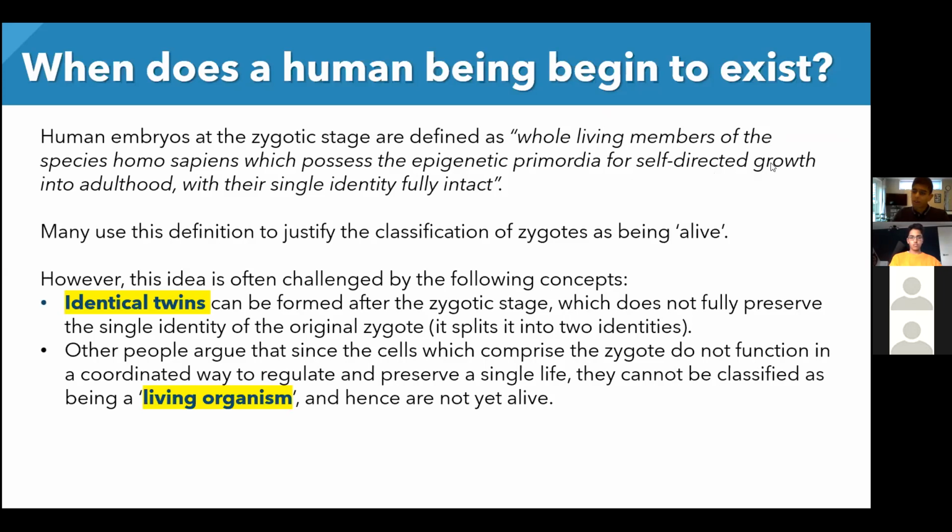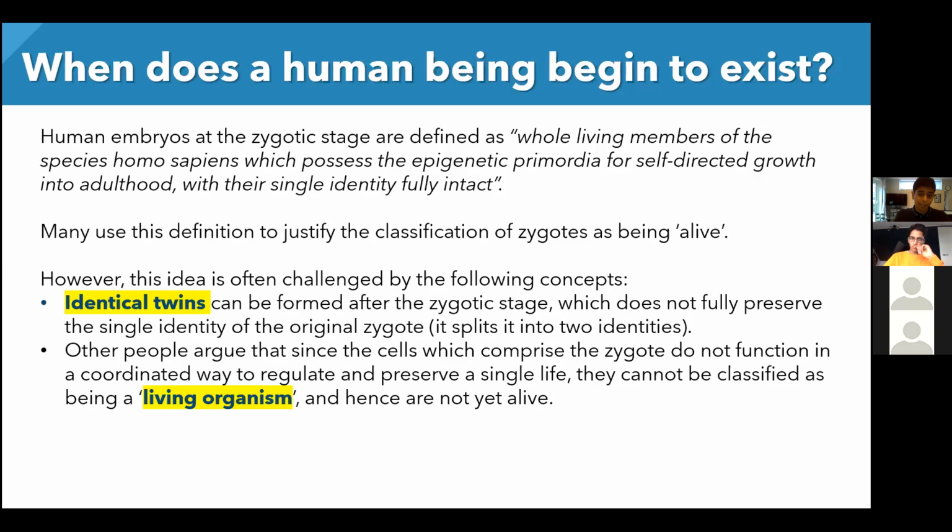But others criticize this classification due to the concept of identical twins, which are usually formed after the zygotic stage. Since that results in a single zygote becoming two separate identities, that contradicts this definition, because the original zygote did not preserve its single identity. It split into two different identities.